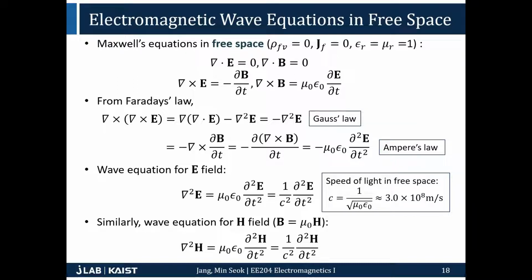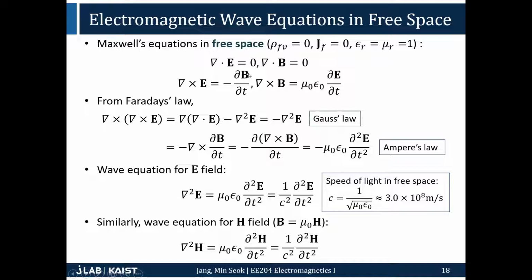Once you set these conditions, Maxwell's equations reduce to these four equations: divergence of E is 0, divergence of B is 0, curl of E is negative dB/dt, curl of B is mu 0 epsilon 0 dE/dt.